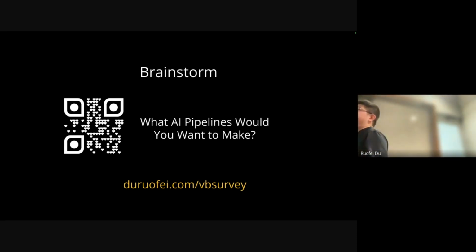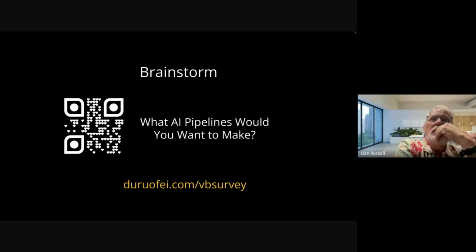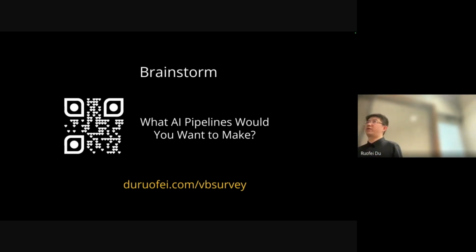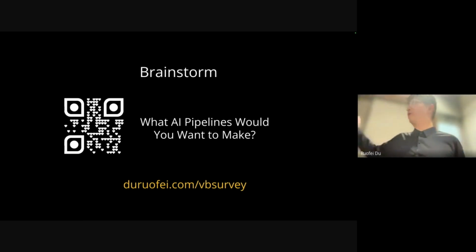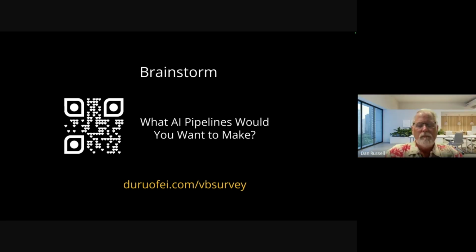Let's try to envision a very powerful AI pipeline maker. Imagine you have access not only to the available models of Google, but also to Hugging Face, to Midjourney, to OpenAI. What AI pipelines would you want to make? For this survey, you can enter with your phone. You can scan the QR code, or on your laptop you can enter my website /ED survey.